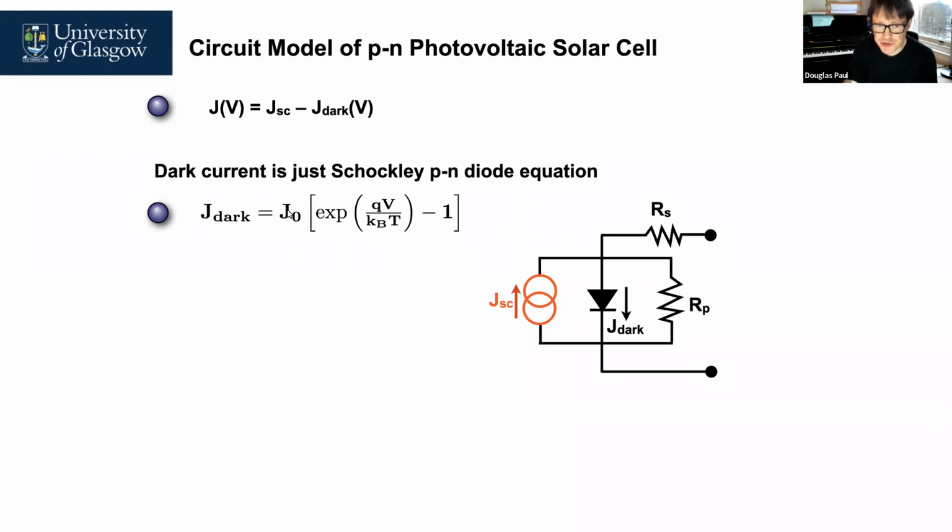So you just need to use this equation. You can look up any semiconductor textbook to see how it's derived and where it comes from. But it's for any PN or PIN diode semiconductor device.